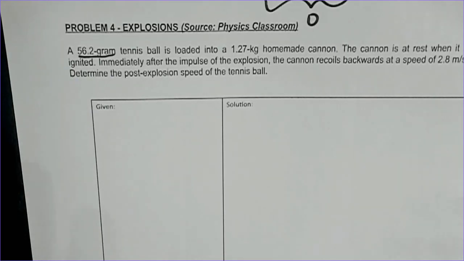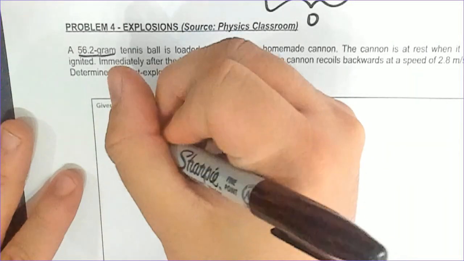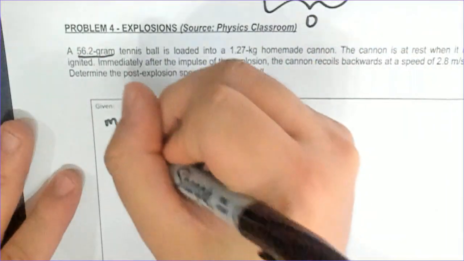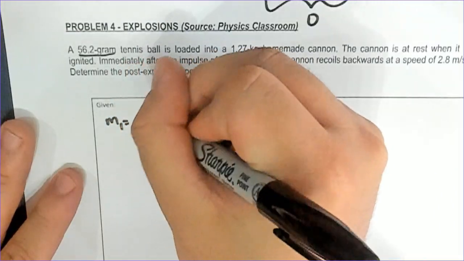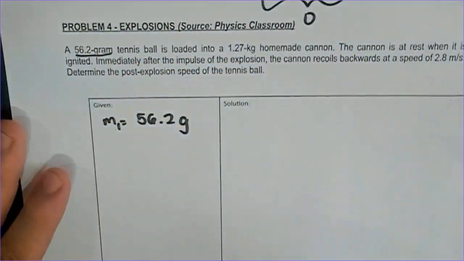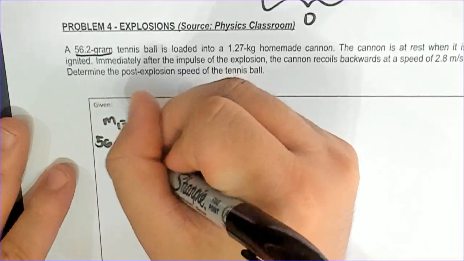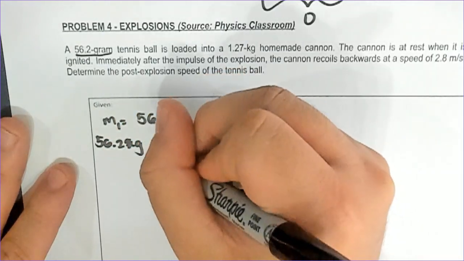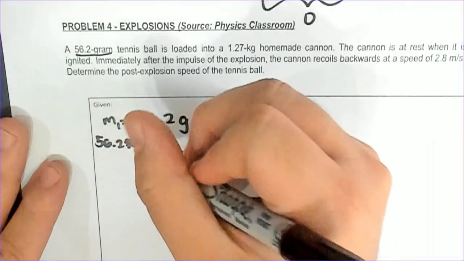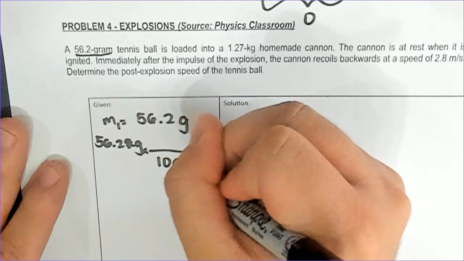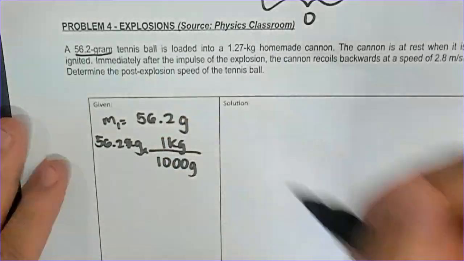The first thing that we have to take note of here is the 56.2 grams, because while that's something we could use in our calculations, it is not an SI unit. We have to convert it to kilograms if we want to utilize units like Newton, because kilogram would be your SI unit. So converting to kilograms, it would be divided by 1,000.